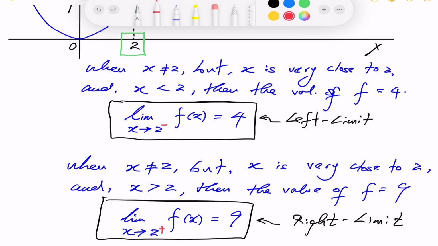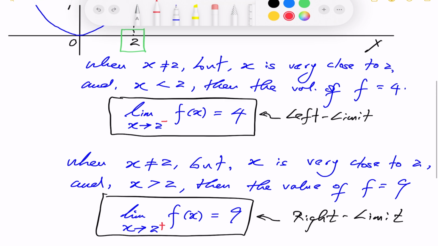The other one is the calculated right hand limit right here, which is equal to 9. So this function has two limits. Not only this function, technically any function will always have two limits. Sometimes those two limits are equal to one another, and sometimes those two limits are not equal to one another.